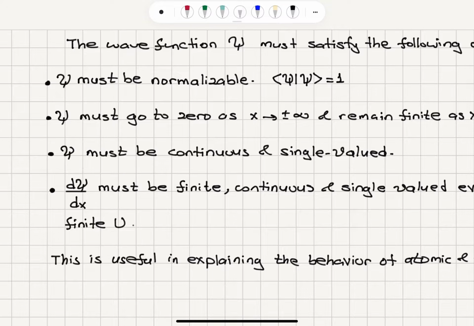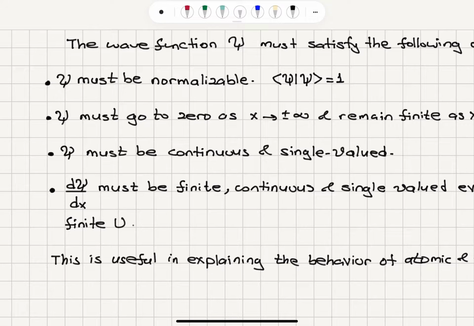What does that mean? Well, it doesn't have any discrete jumps, so it always has a finite value for a given position, and it is single valued. So if you have a position x naught, psi of x naught cannot have more than one value. There is only one value that corresponds to one value of the position.